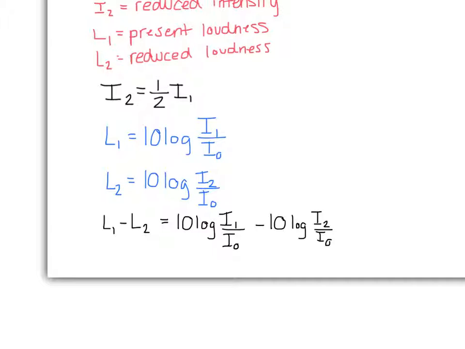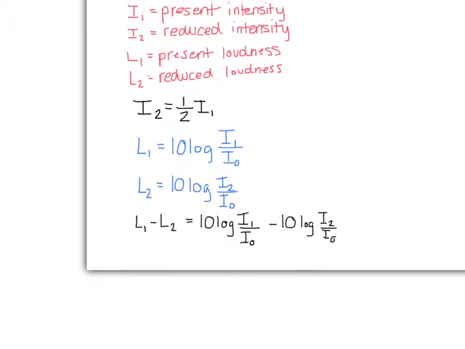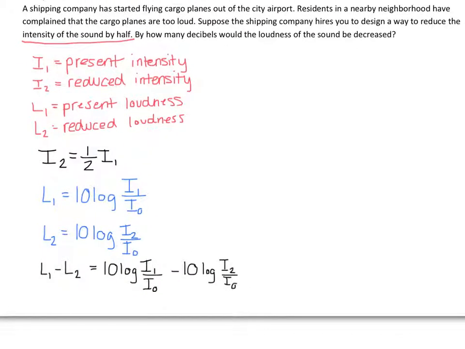We have up here intensity 1 that we can plug in for intensity 2. So let's do that. We want to put this right there. So I'm going to come back up to the top because I'm running out of room.